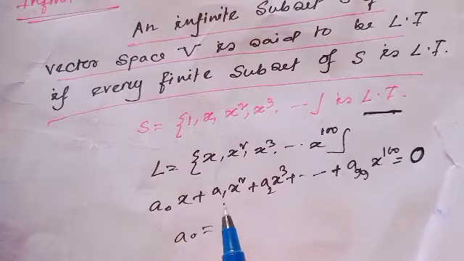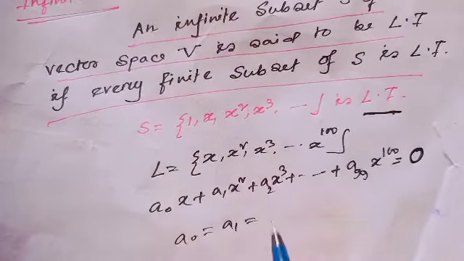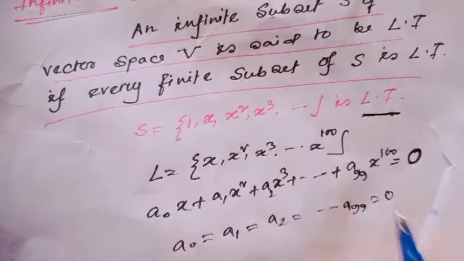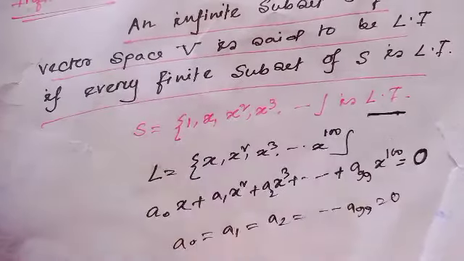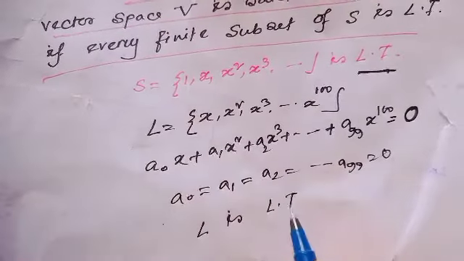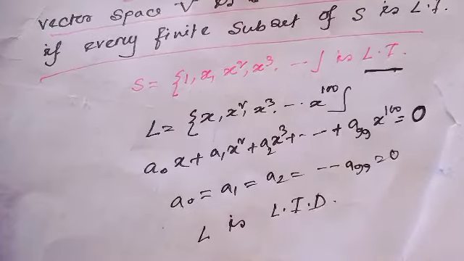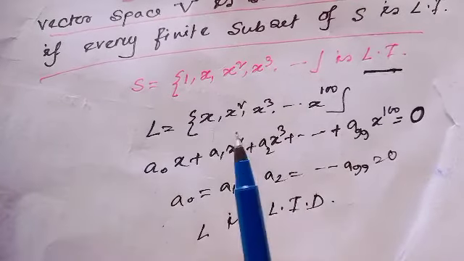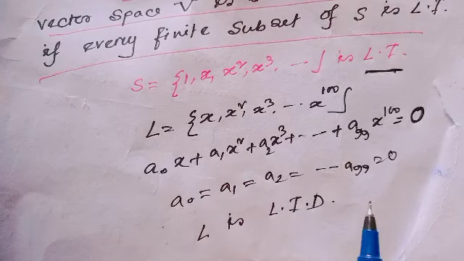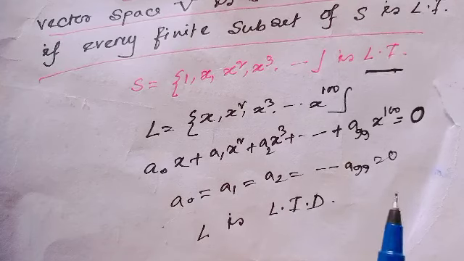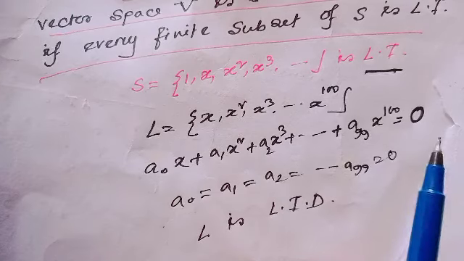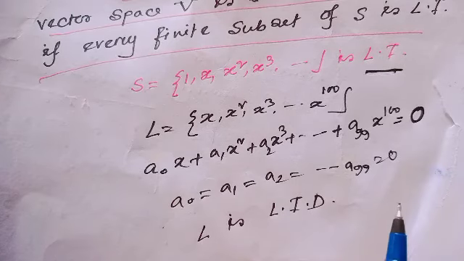Similarly a1 would be 0, a2 would be 0, and so on, a99 would be 0. That means obviously this set L is linearly independent. Similarly, every finite subset of S will be linearly independent. Are you getting? This is how we find linear independence for an infinite set.